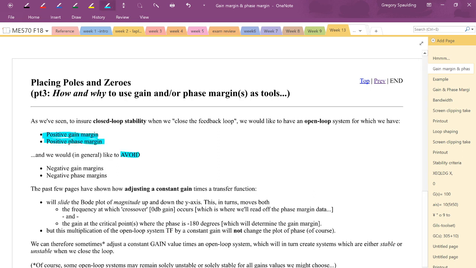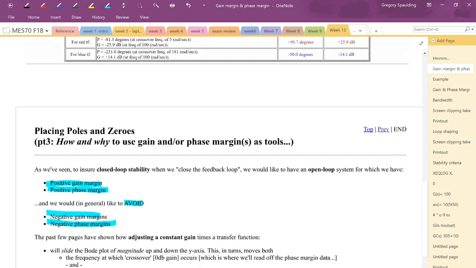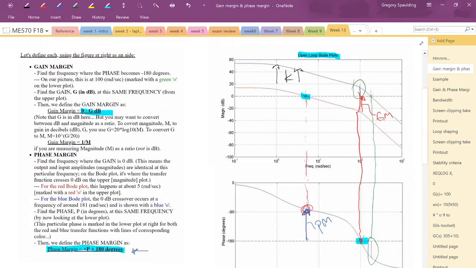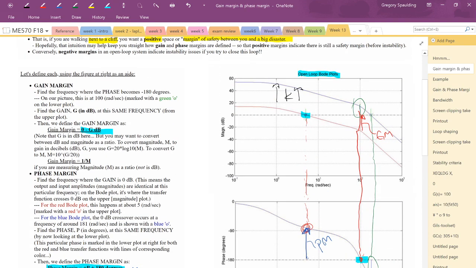We want to avoid negative gain margin, negative phase margin. And many times we can adjust these by the gain. The gain, remember, slides that magnitude plot up and down on our Bode plot, and we can make that happen.